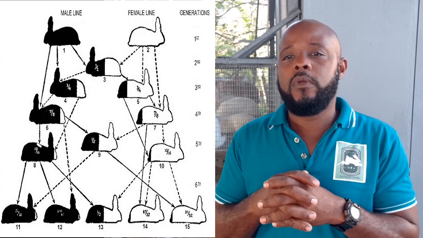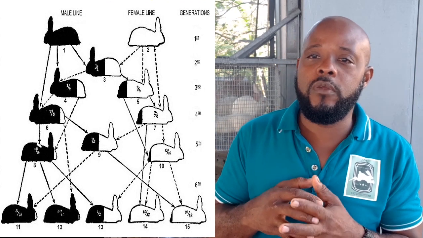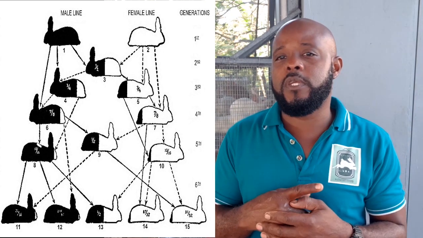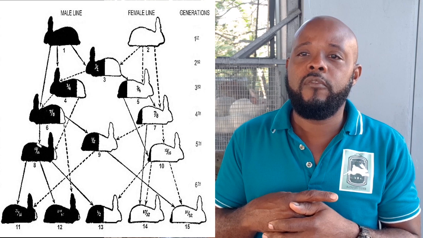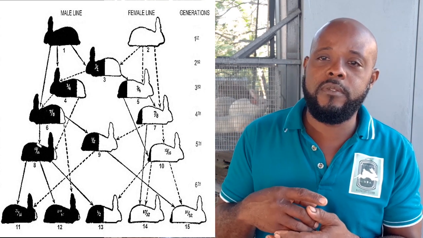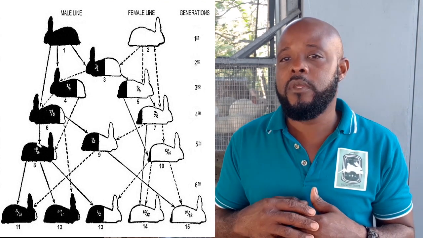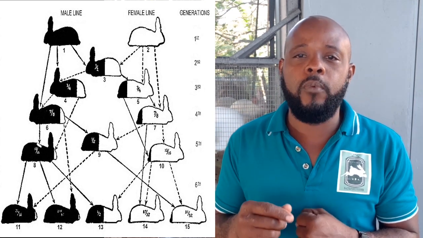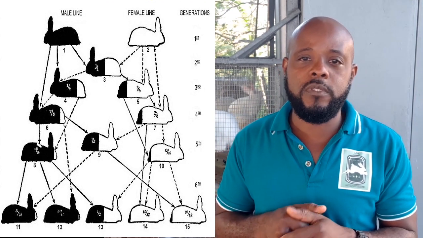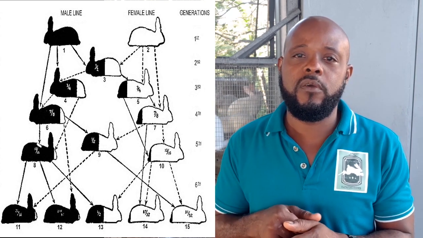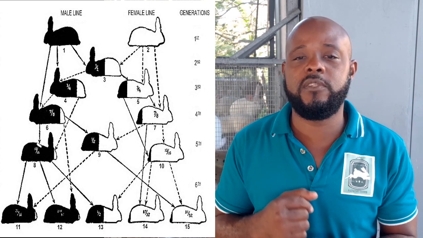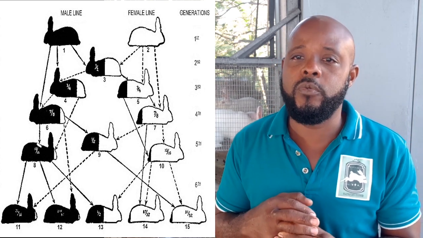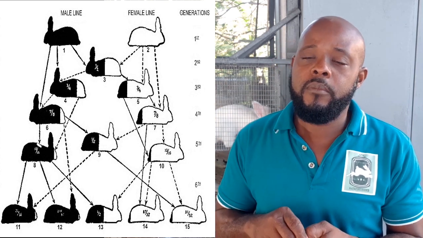Now you're going to notice that they go down to about 6 generations, and what is important to note is that from the first generation down to the 6th generation, by following the line breeding process you end up with a rabbit that is almost 100% of the original genetics that you started off with. Now this is one of the reasons why line breeding is so useful in rabbit farming.